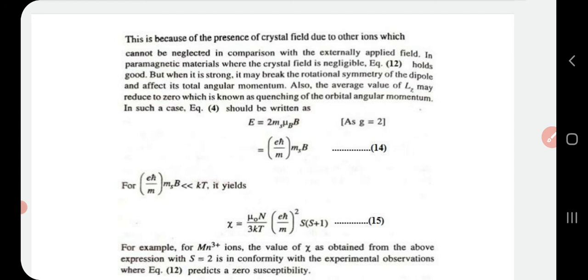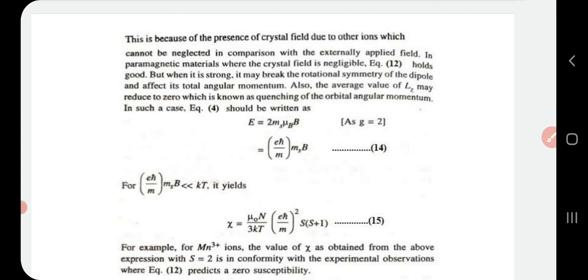Now equation 12 holds good in some cases, but when the crystal field becomes so strong, it will break the rotational symmetry of the dipole, and it will affect the total angular momentum, capital letter J. Also, the average value of orbital angular momentum, that is L, will become 0.